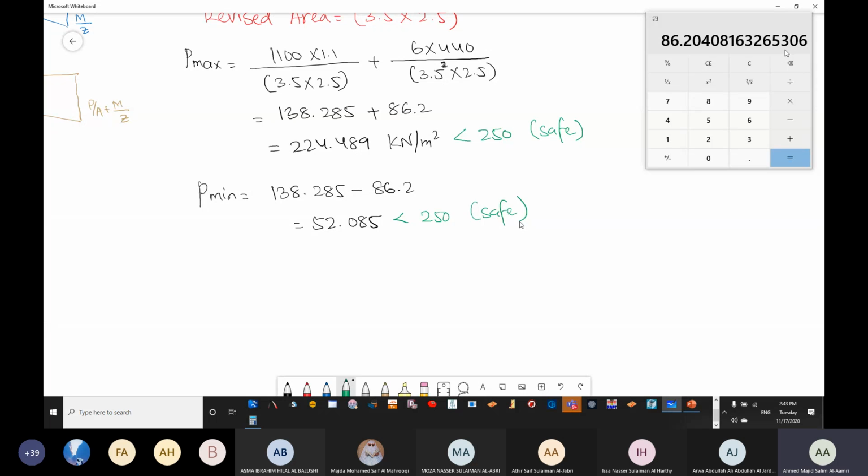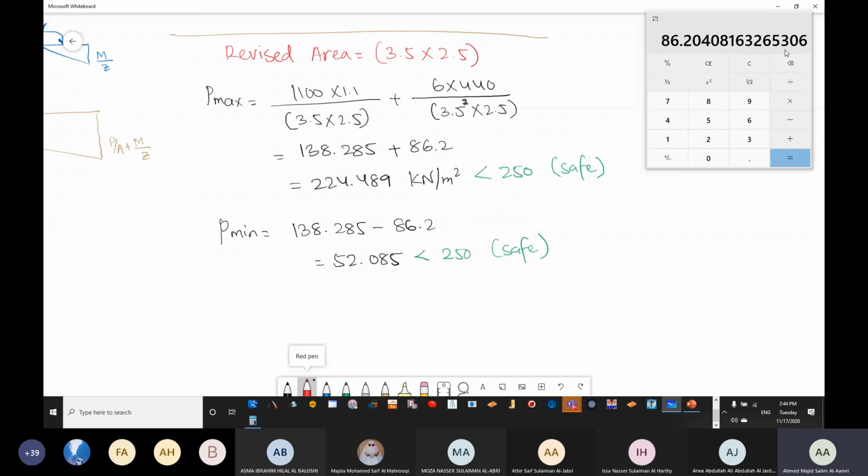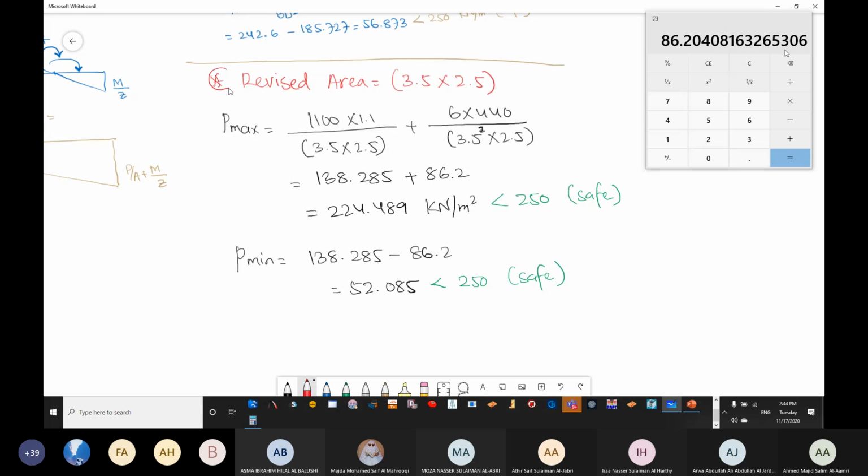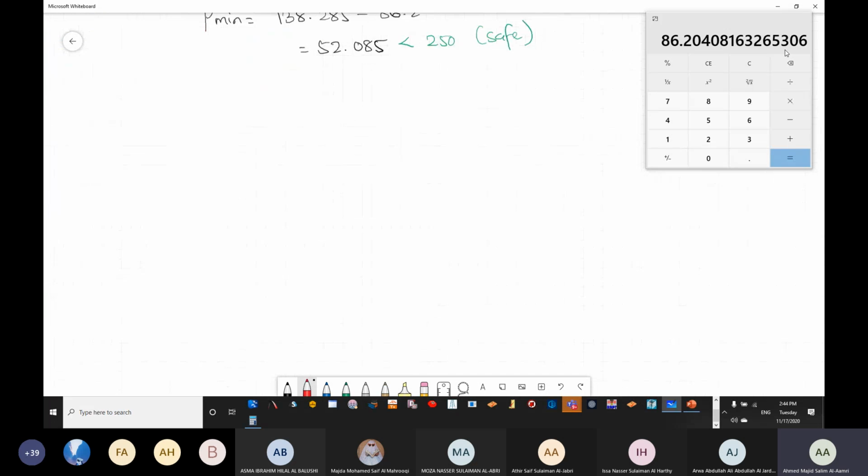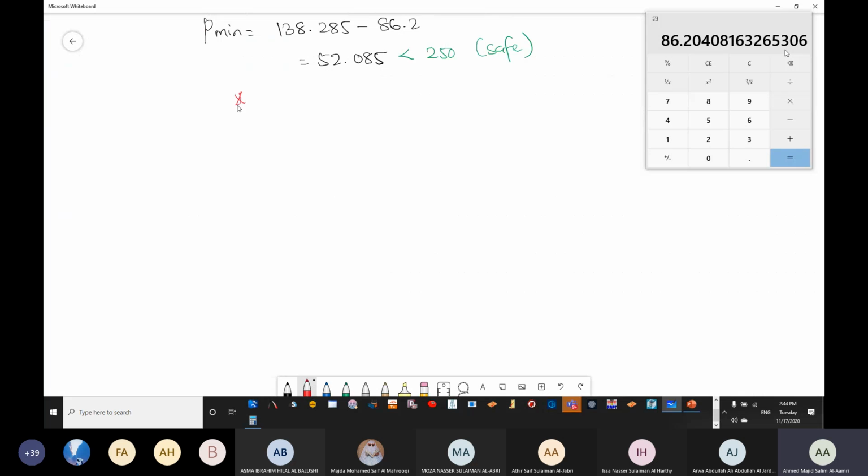Now, after we have done this particular thing, we need to calculate, let us say, the revised area, and we'll go and calculate the moment. You need to be careful whenever we calculate the moment.